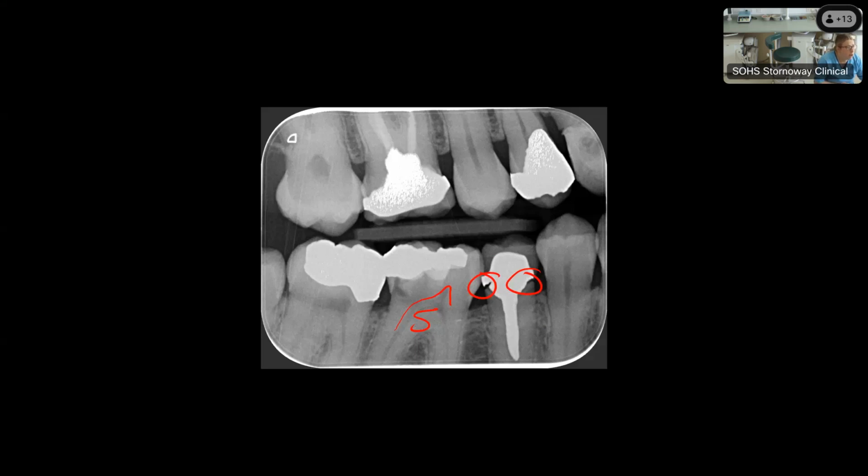Oh, bone. We haven't made comment on bone loss, sorry. What do we say in terms of bone levels? Could you say there's vertical bone loss on the 1-4 mesial? I see what you're saying, because the bone's kind of like this, isn't it?